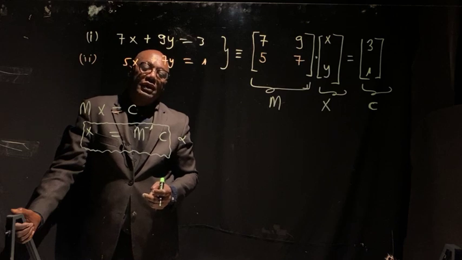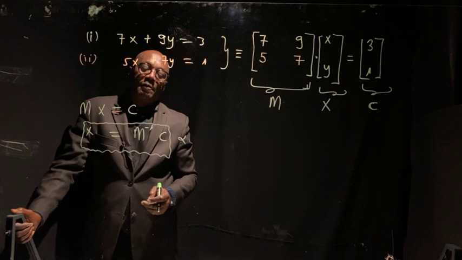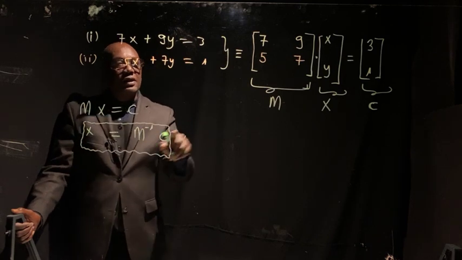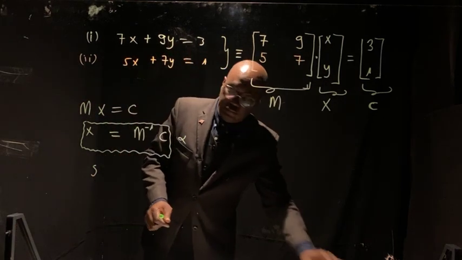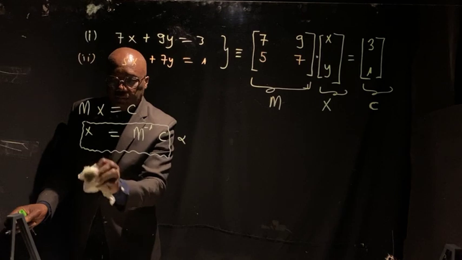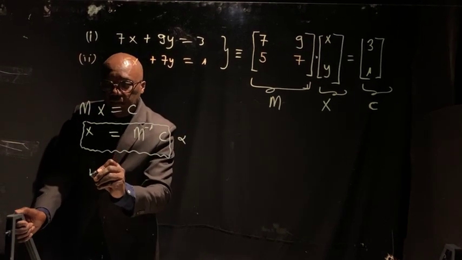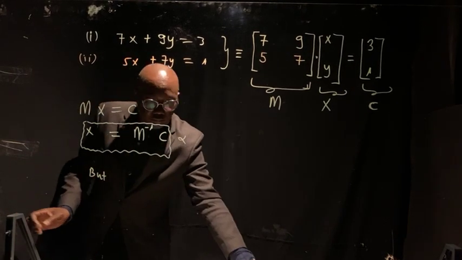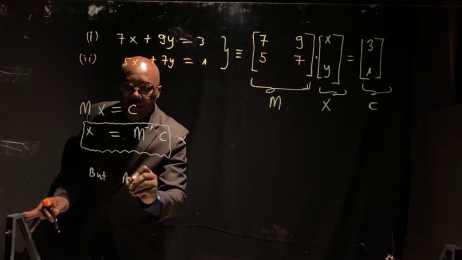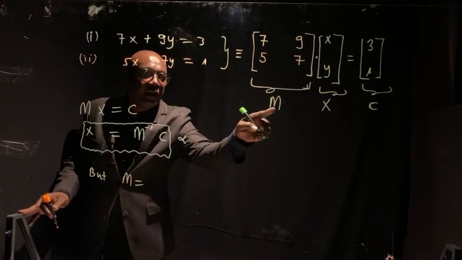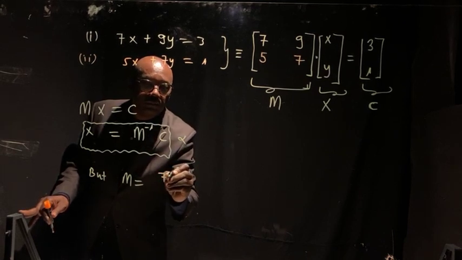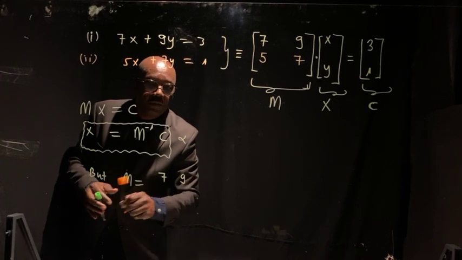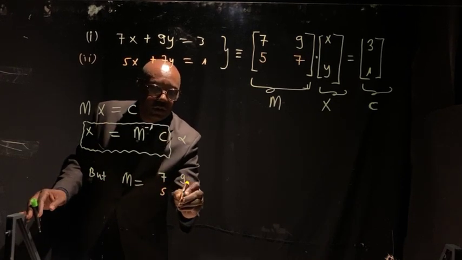The M inverse is the inverse of the matrix M. And the matrix M is 7, 9, 5, 7.